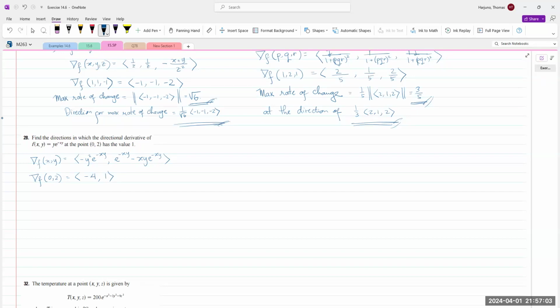Now then, find the direction in which the directional derivative at this point has value 1. Let's say the direction u equals (a, b), where the magnitude of u equals 1. There are many ways to do this. Let's make it this way instead.